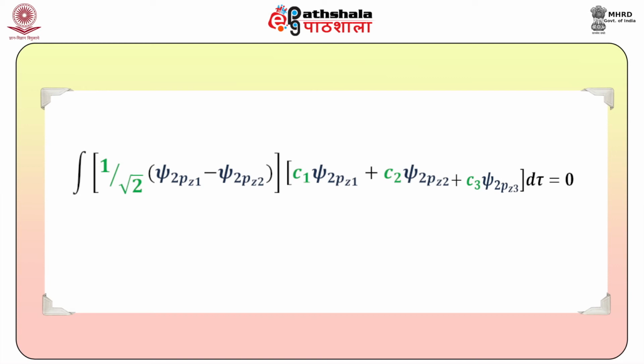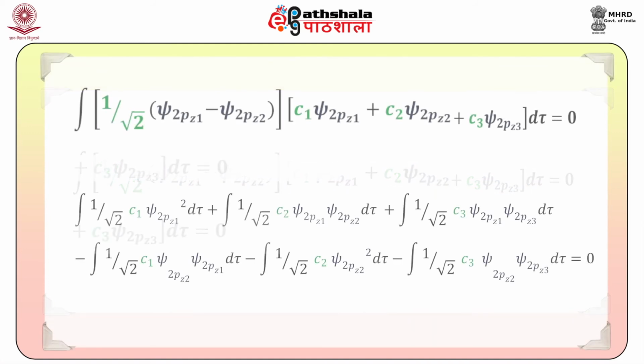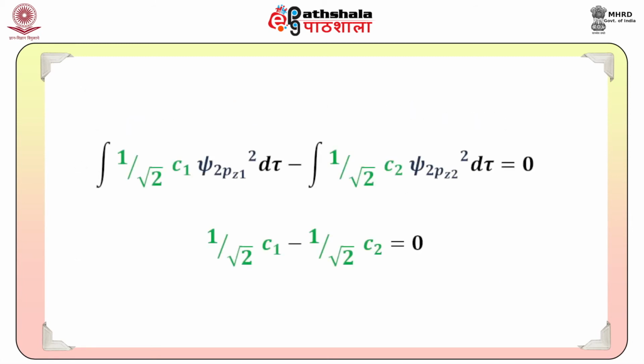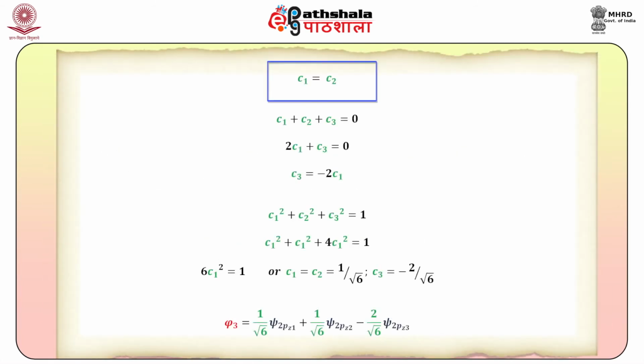And the second part is what we need to calculate for Phi3, that is C1 psi 2pz1 plus C2 psi 2pz2 plus C3 psi 2pz3. If we expand this equation and simplify it, as you can see, we notice that C1 is equal to C2 in this case.